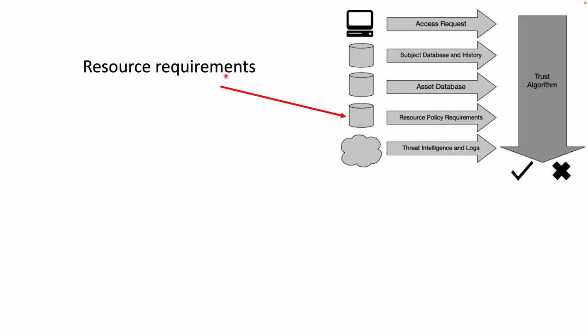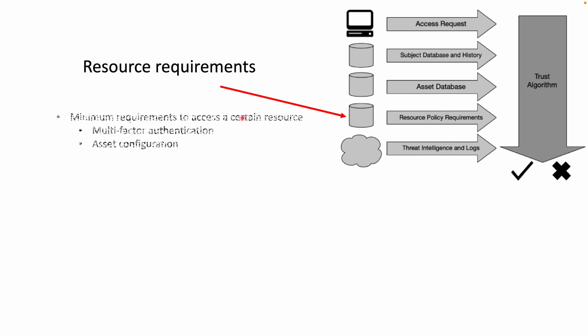Next one, resource requirements. Resource requirements are the enterprise's minimum requirements to access a certain resource. It could be a rule like only domestic IP allowed and deny access from overseas IP addresses. A requirement could also be multi-factor authentication.